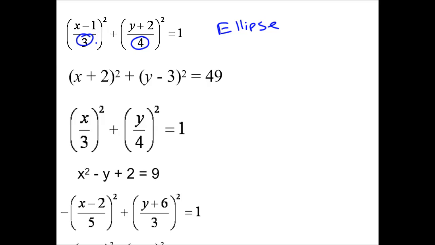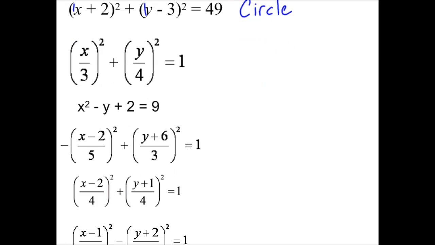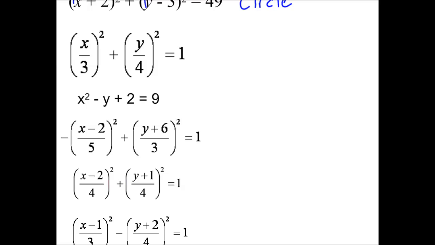The coefficient here, if you were to square this through, x squared plus 4x plus 4, again, doesn't matter about all the other garbage except for the x squared term and the y squared term. And they would both have coefficients of 1, and so this is a circle. You see squareds, you see plus, so you should think either ellipse or a circle. Different numbers underneath, so that is an ellipse.